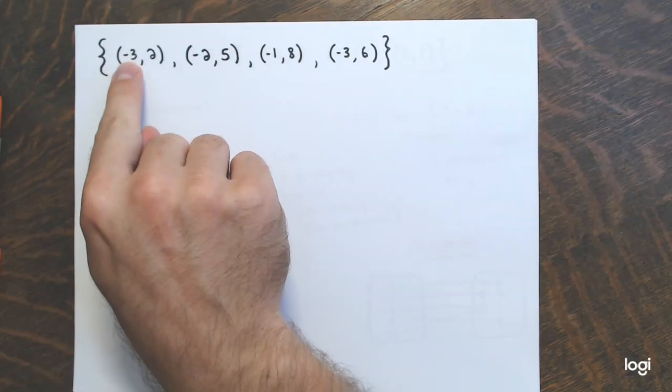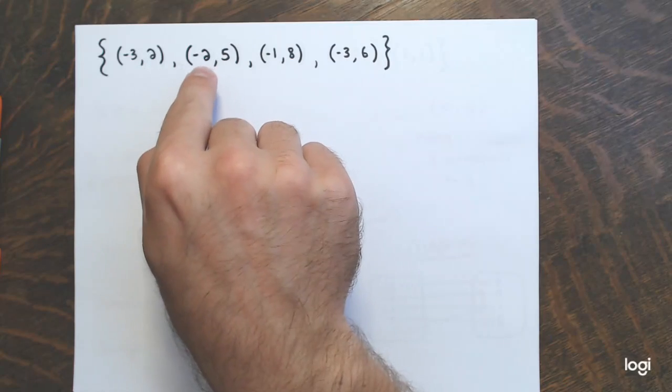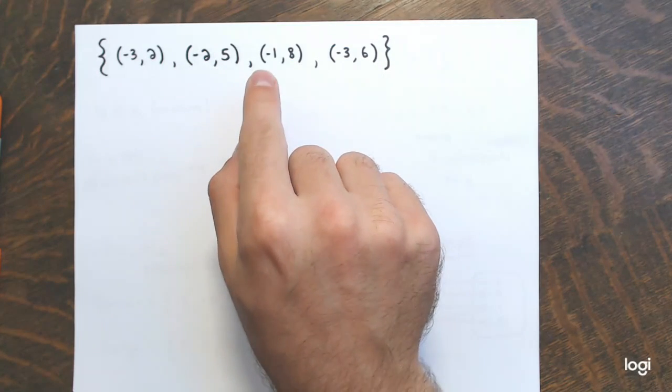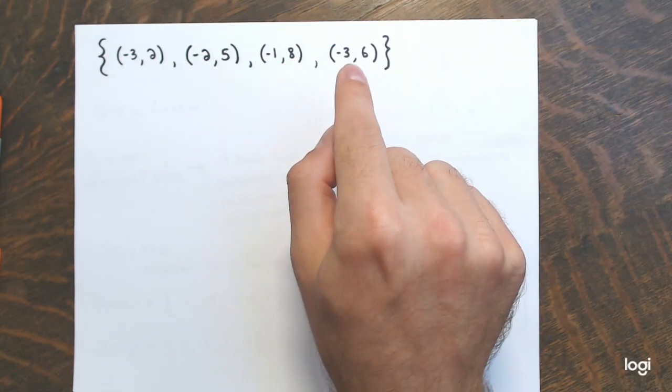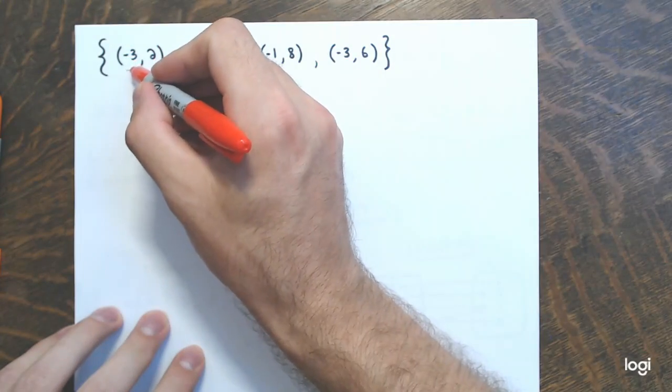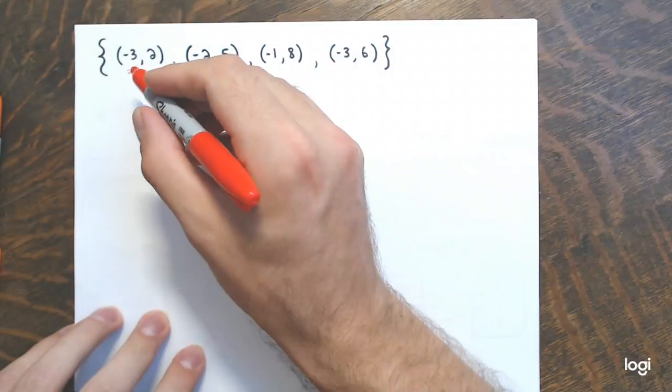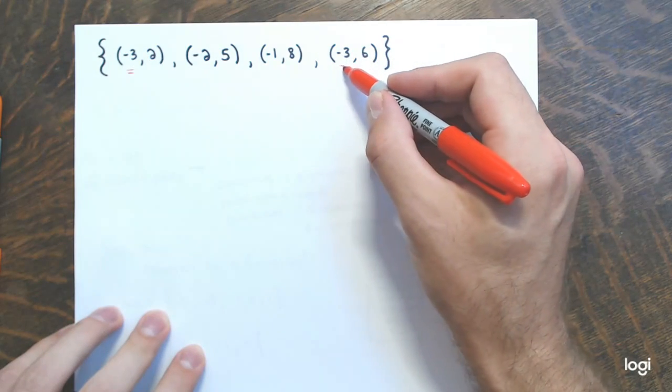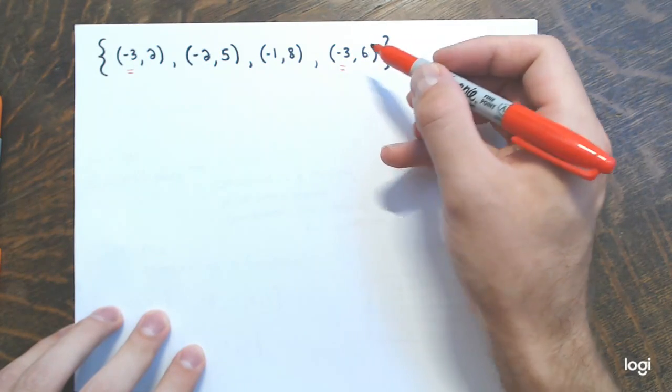So we're seeing that -3 corresponds to 2, -2 corresponds to 5, -1 to 8, and -3 to 6. Maybe, I hope you see it. There's the issue right here. There's -3 there, corresponding to 2, and there's -3 over here again, corresponding to 6.